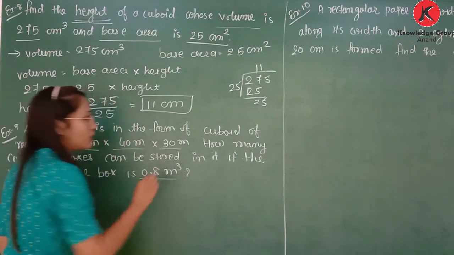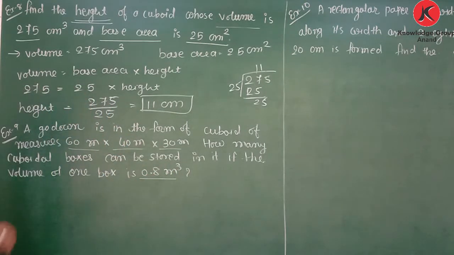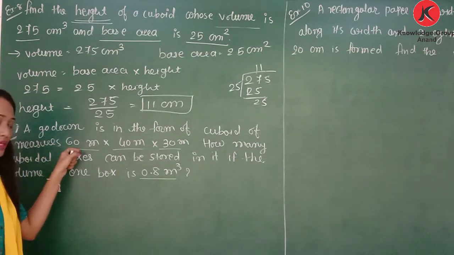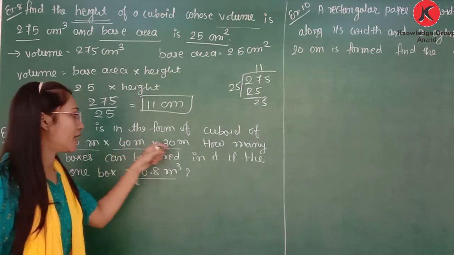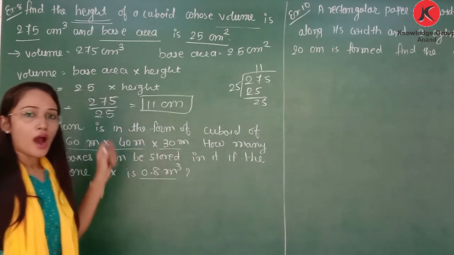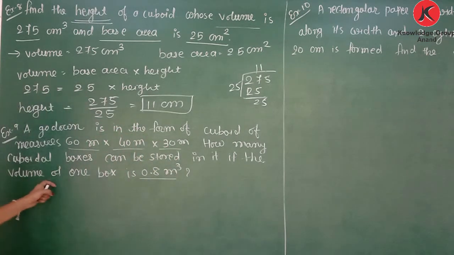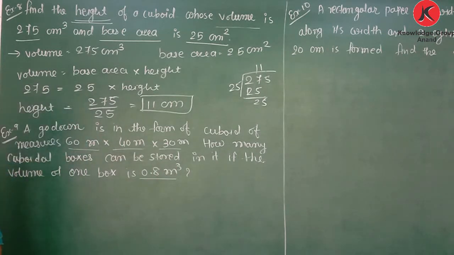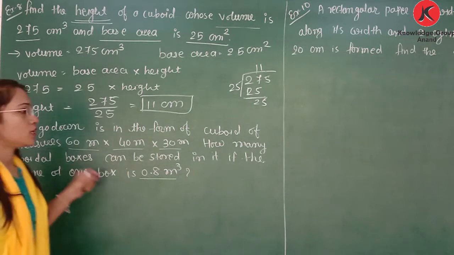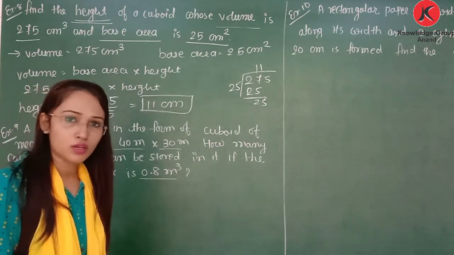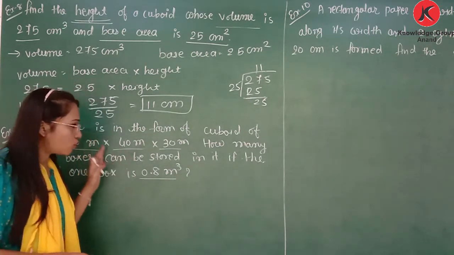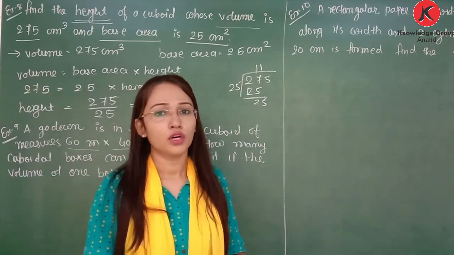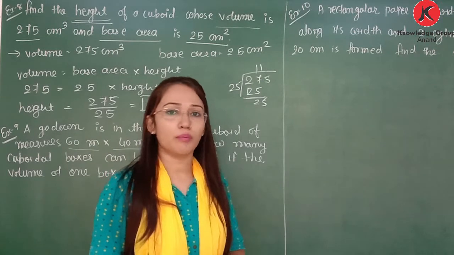The question is: there is a room-like godown whose length is 60 meter, breadth is 40 meter and height is 30 meter. How many boxes of volume 0.8 meter cube can be placed in the godown? That is the question. So first of all, we need to find the volume of the box and the volume of the godown, and then we need to divide the volume of the godown by the volume of one box. Then we can find the number of boxes.